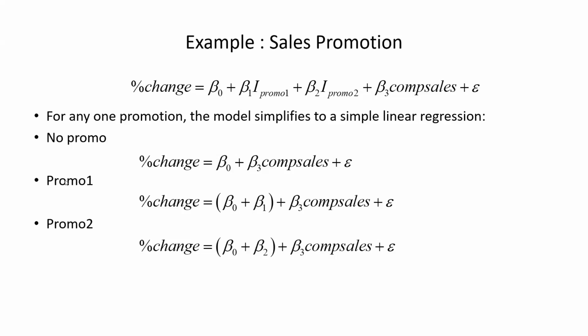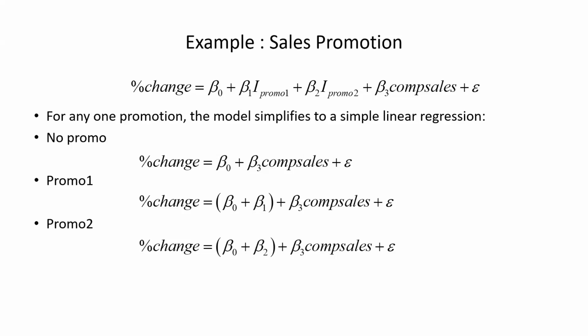So depending on which promotion is turned on, you get either beta 0 plus beta 1 or beta 0 plus beta 2. Now, what you see here is a regression with only one continuous x variable, and then you have 3 different intercepts: beta 0, a new intercept that is beta 0 plus beta 1, and a third intercept, which is beta 0 plus beta 2.